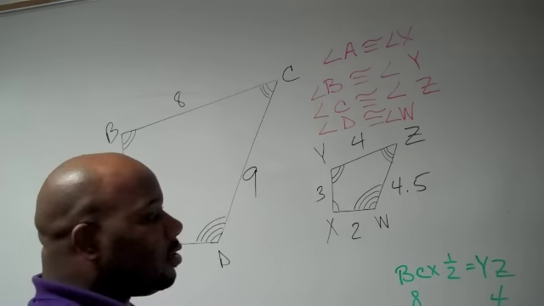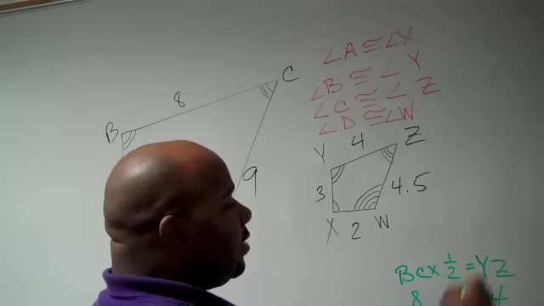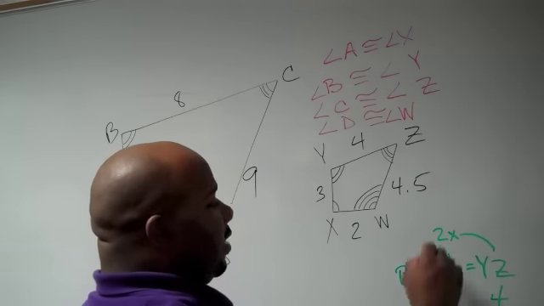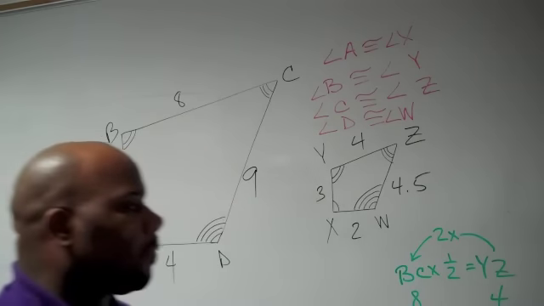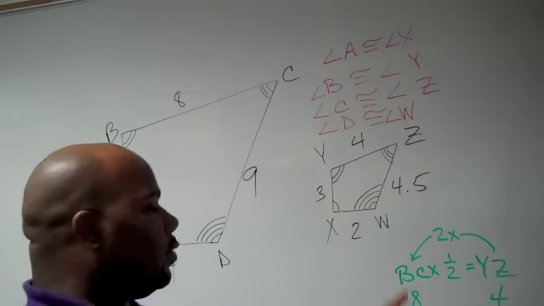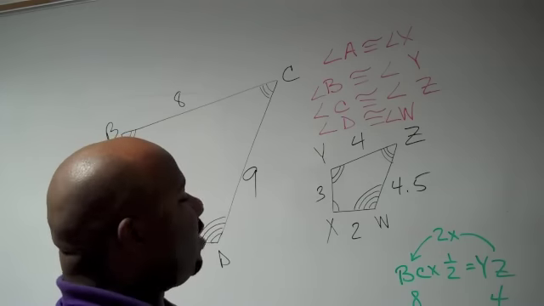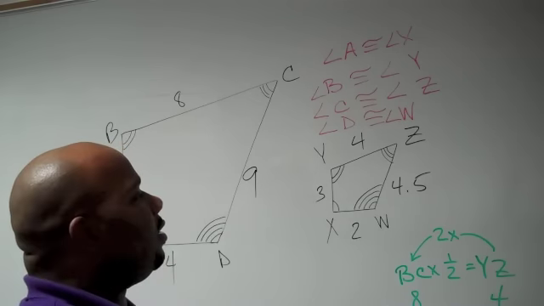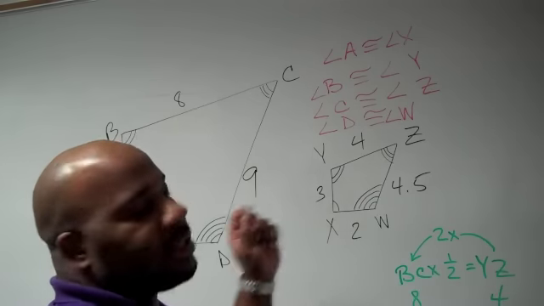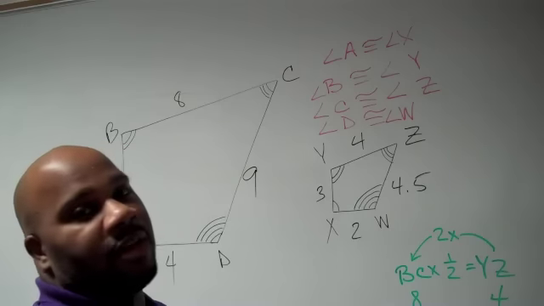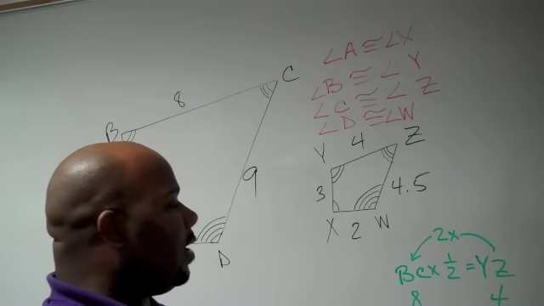Vice versa, we can multiply YZ times 2, and that'll give us BC, because 4 times 2 is 8 and 8 times 1/2 is 4. So our proportion is 2 if we're going from YZ to BC, or 1/2 if we're going from BC to YZ.